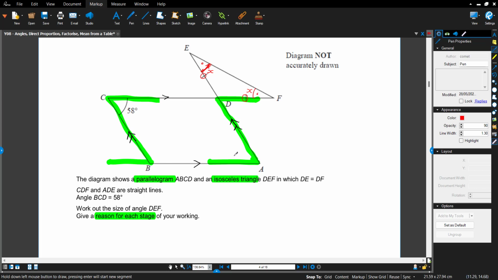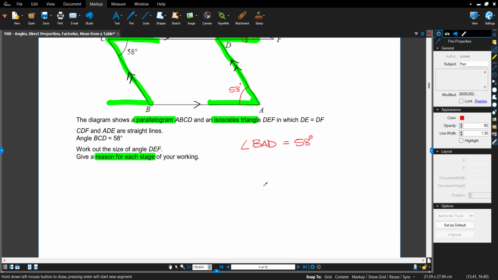Do we know any other angles here? Let's fill them in. Well, in a parallelogram, the opposite angles are equal. That and that are equal. So that's 58 degrees. So let's just write that down, okay? So angle BAD, I'm just going to write the angle symbol, BAD equals 58 degrees.